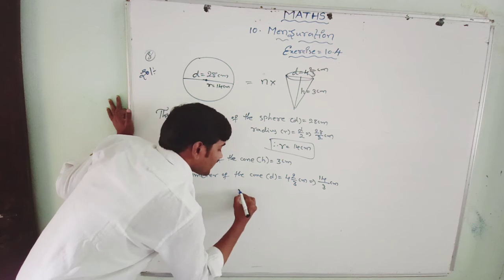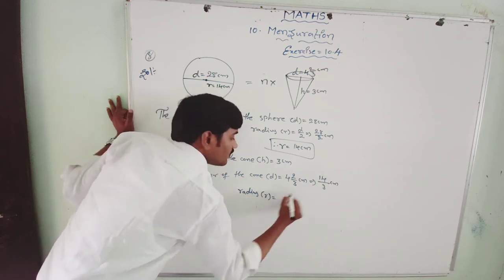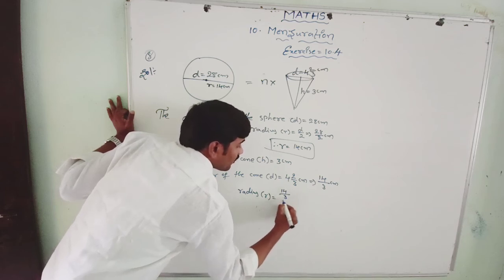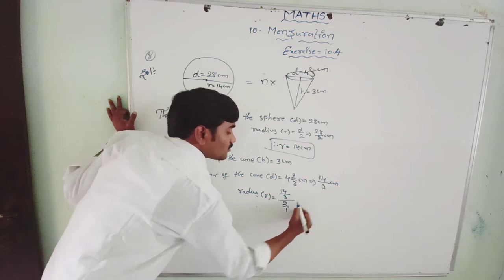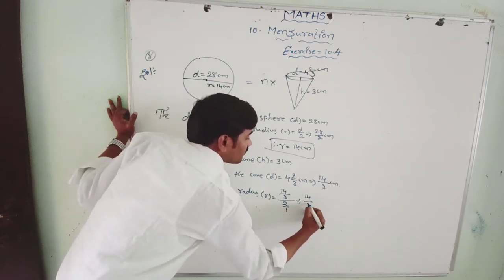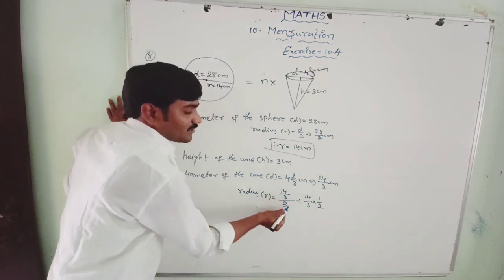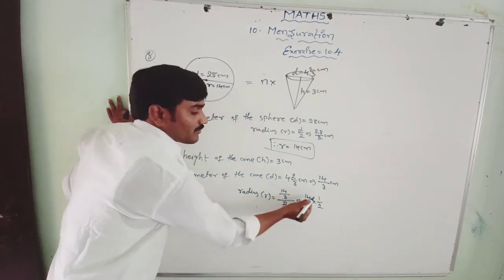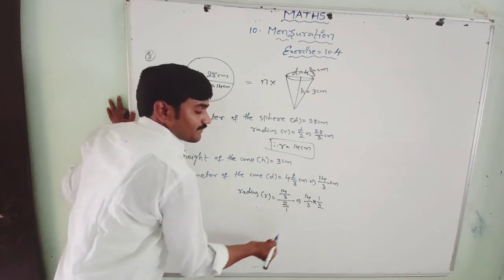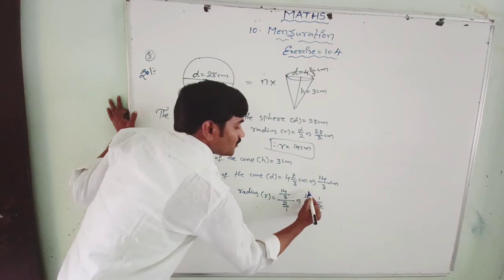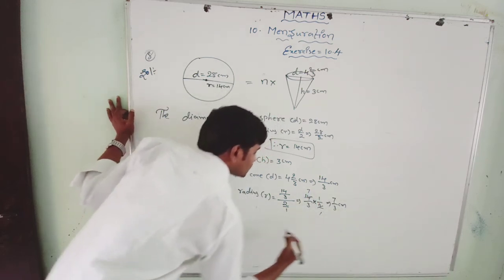But R equal to the radius. R equal to 14/3 whole by 2. This 2 can be written as 2/1. That means 14/3 into 1/2 we can write. This is fraction by fraction, so the numerator fraction as it is, and the denominator fraction is the reciprocal. So 2 ones are 2, 2 sevens are 14, that equals 7/3 centimeters.